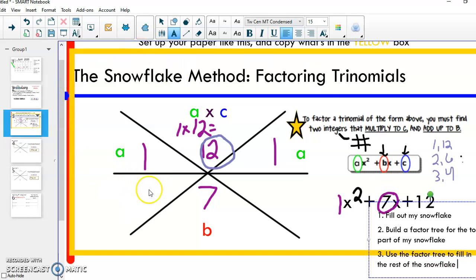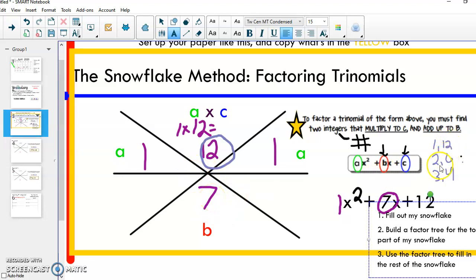So we have 2 pieces in our snowflake that are still open. And so I need to think about now, using my factor tree, which set of numbers here is going to add up to give me the number on the bottom of my snowflake.